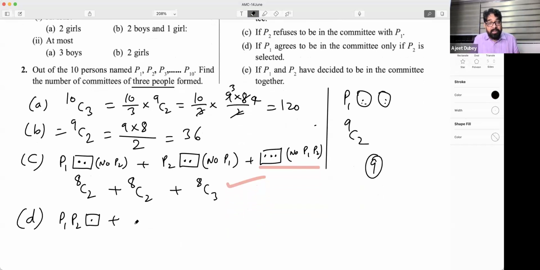Or neither P1 nor P2. If P2 is not there, P1 will not come. So if both are not there, 3 people, but no P1 and no P2.